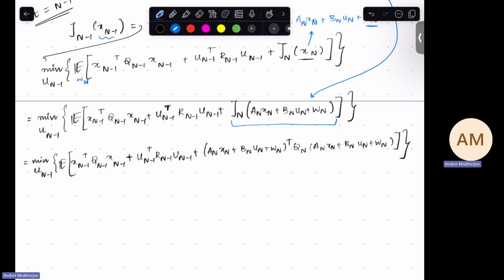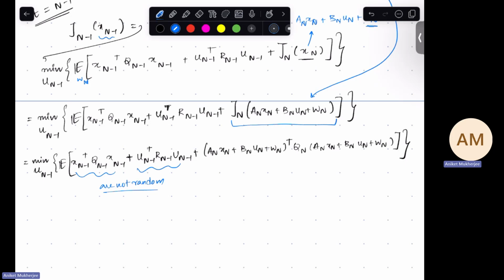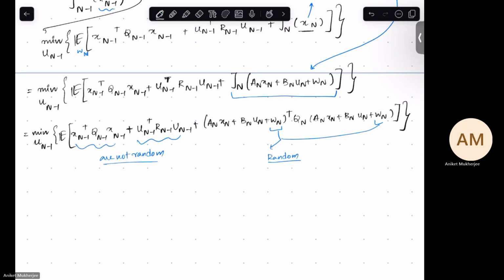So as you can see, these two terms are not random. Right. So I can take this out of the expectation. The only thing that is random here is this wn and wn. So these both are random. So I take the non-random terms out.